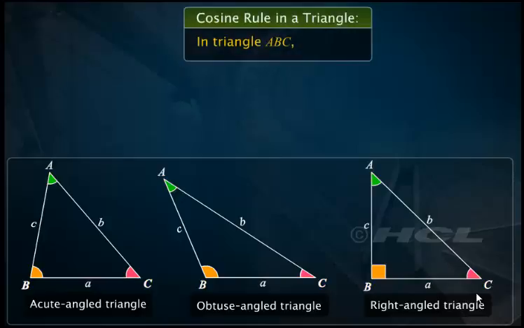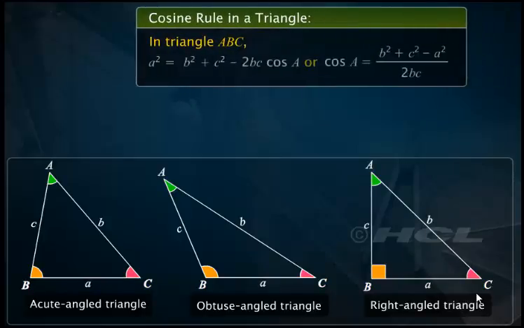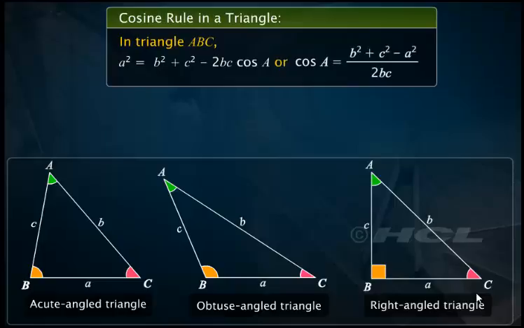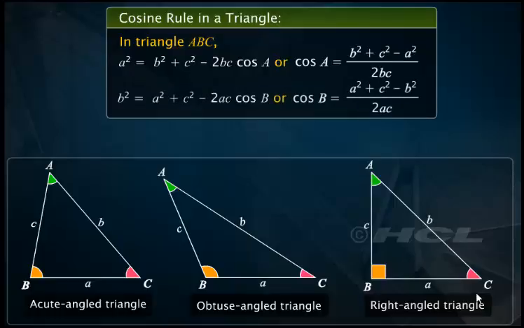The cosine rule states that in a triangle, a squared equals b squared plus c squared minus 2bc cos A, or cos A equals b squared plus c squared minus a squared over 2bc. b squared equals a squared plus c squared minus 2ac cos B, or cos B equals a squared plus c squared minus b squared over 2ac.